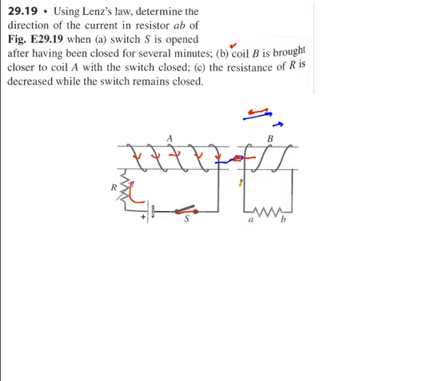What's required is to make a current that is going like that, right? So when you move it closer, the induced current is going to be going from B to A this way.